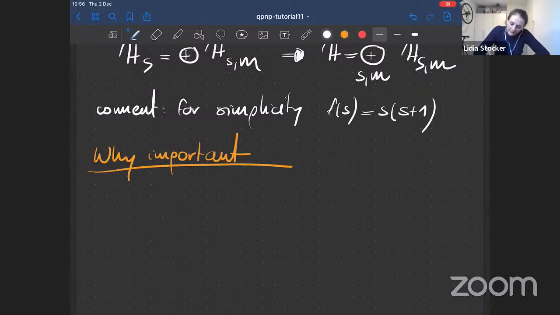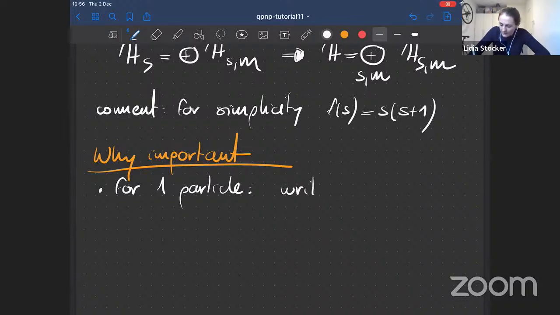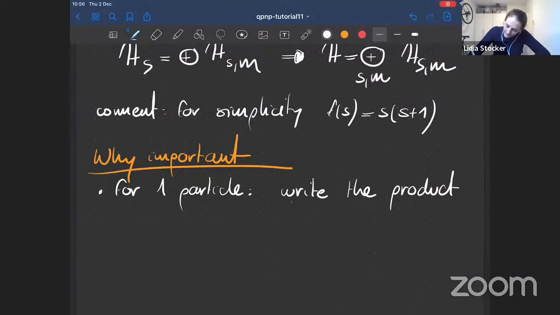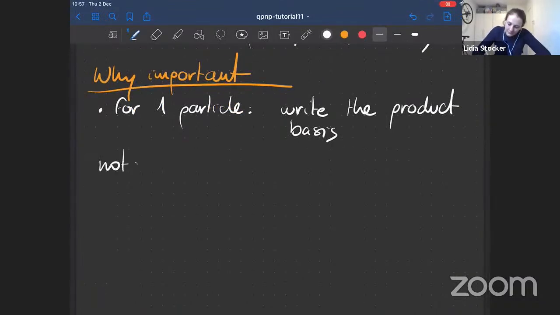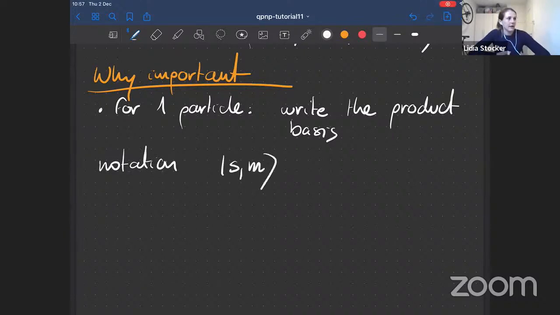We know that for one particle, we write the product basis, and we use the notation S and M many times. Here, this tells me the spin character, so to say, and this tells me the spin value.